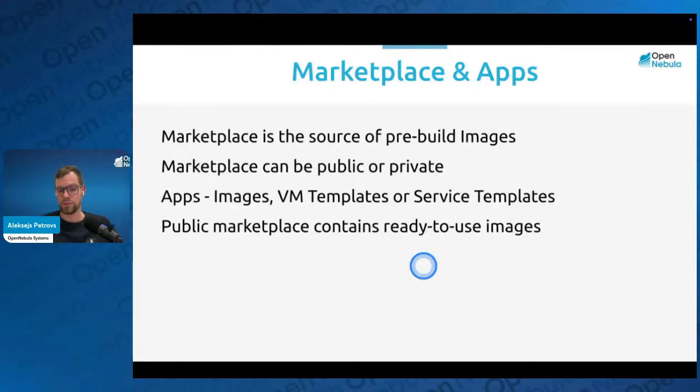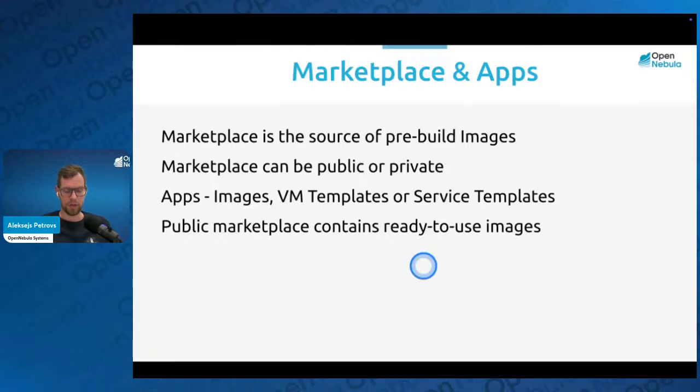So in order to deploy, scale it, either up or down, and manage it as a single entity, we have services. And the service templates are something that you are going to rely on when you deploy the services. But all that can be found in the marketplace, the default marketplace.